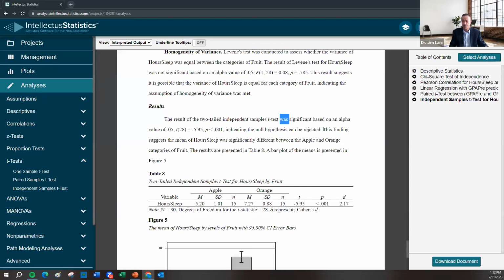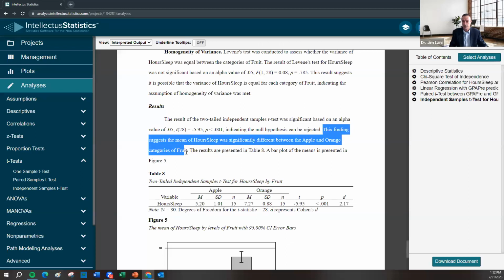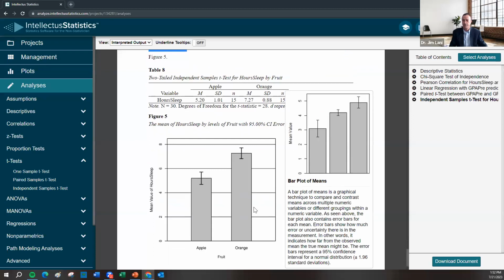And we have the interpretation here that sleep was significantly different between the apple and the orange categories. And here we can see what those differences are. Apple folks slept less than orange folks. And then we have a bar plot.